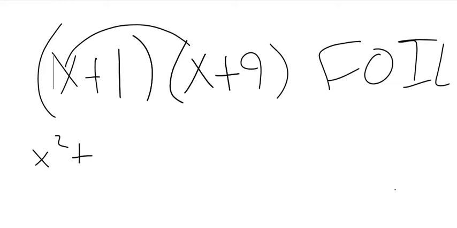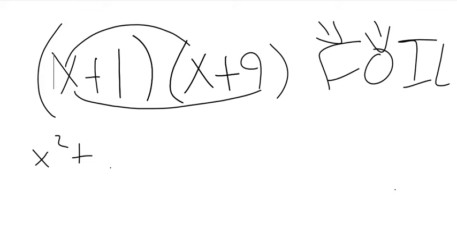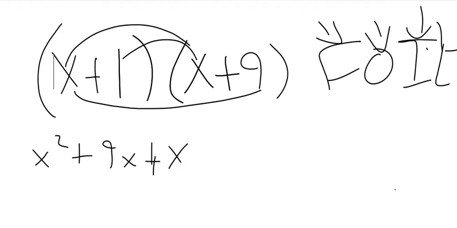Next is your O, your outermost, so your x times 9, so you have 9x, then your I, which is your inners, 1 times x, which is just x, and your last being 1 times 9, which you add that to 9.